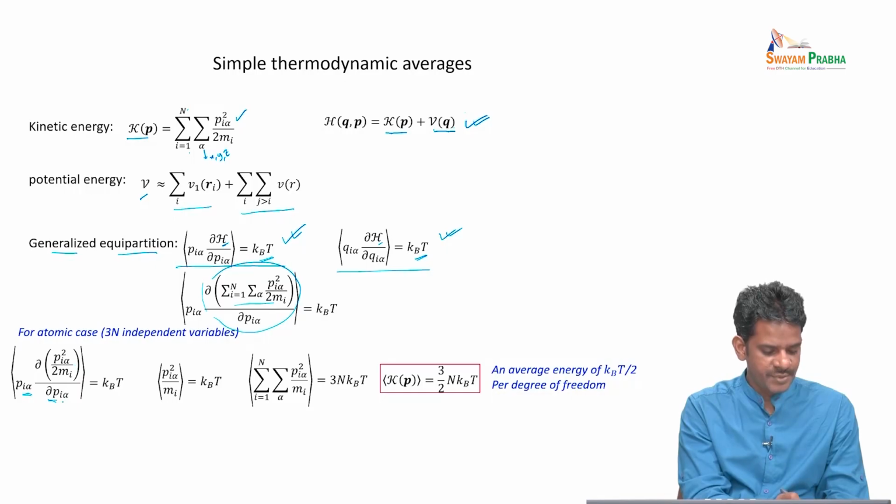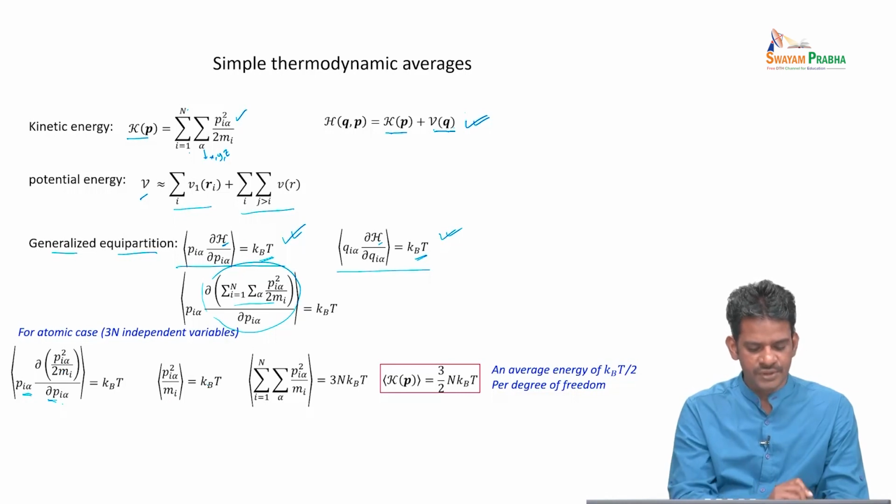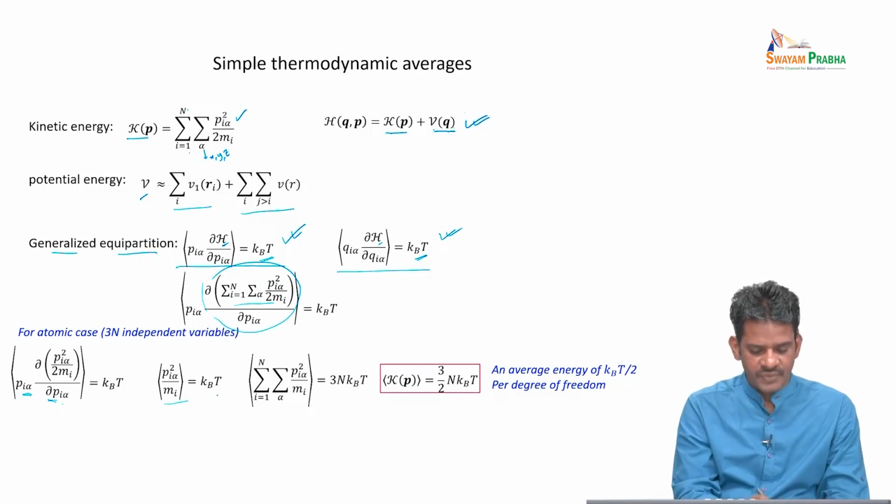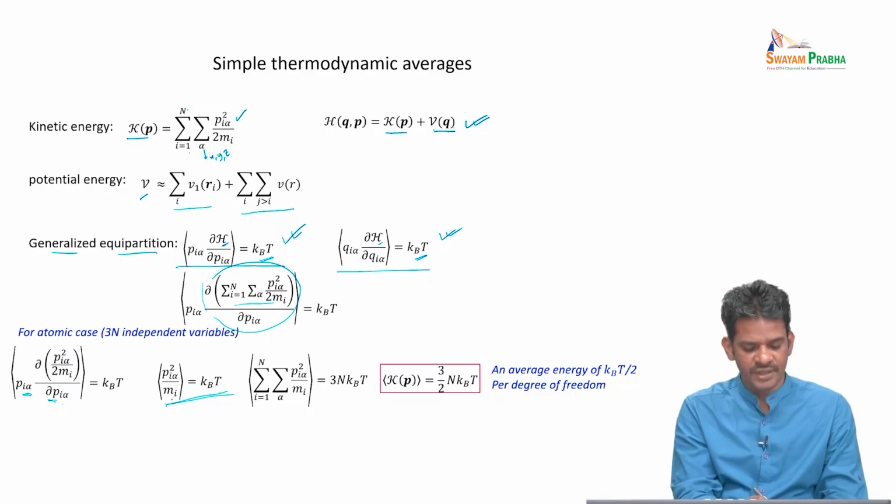If I differentiate this expression with respect to p_i alpha, I will get 2 times p_i alpha, and the 2 and 2 get cancelled, and then there is another p_i alpha here. So, you get p_i alpha squared divided by m_i, and that should be equal to kBT. So, the consequence of the equipartition theorem is that for every component of the momentum, p squared by mass should be equal to 1 kBT.